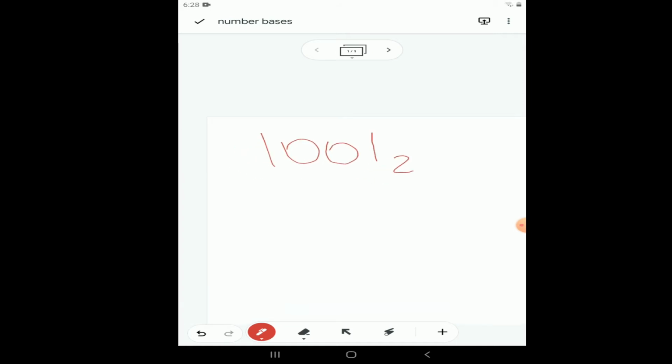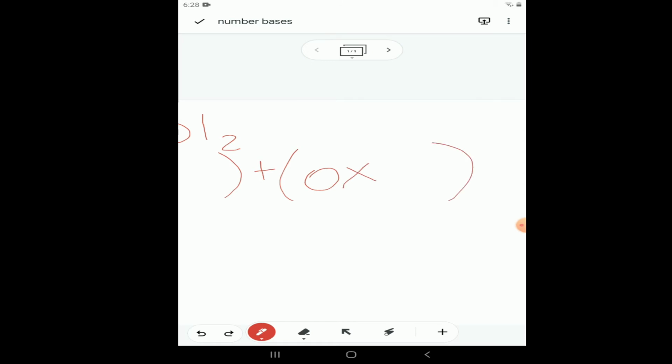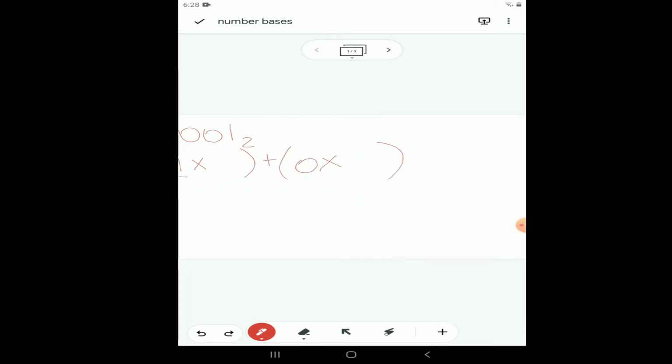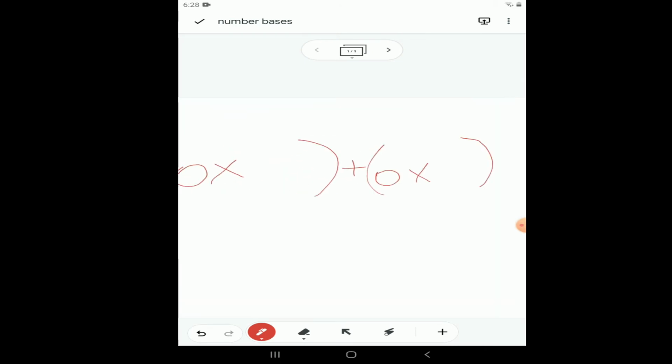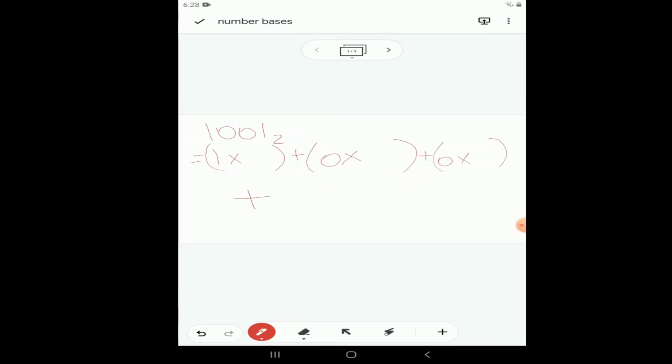So we're going to write out these numbers first. So 1, we're going to multiply it by something, plus the 0, we're going to multiply it by something, plus the 0 again, times something, and then we have another 1, so it's plus 1 times something.